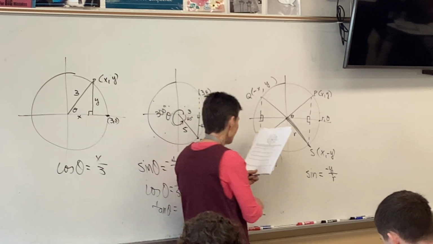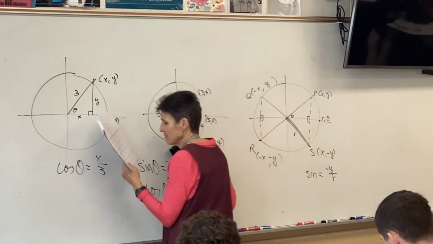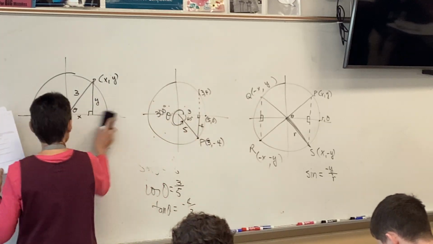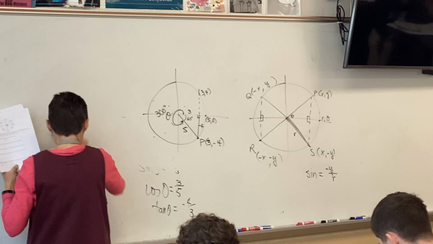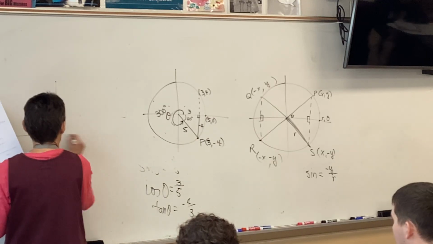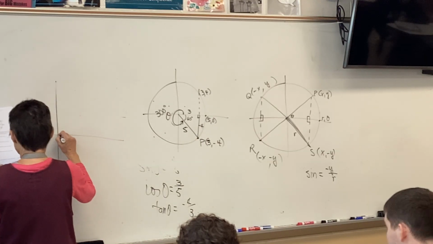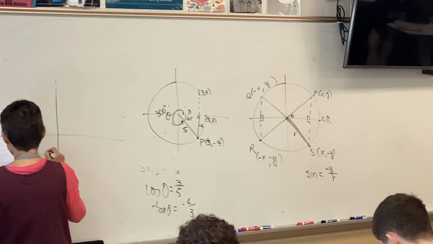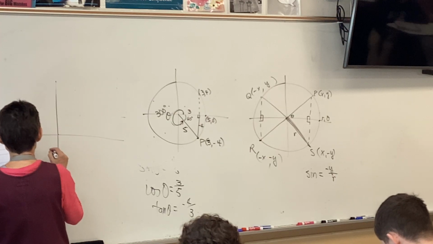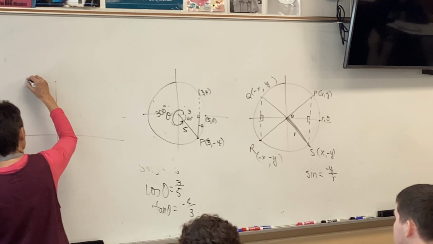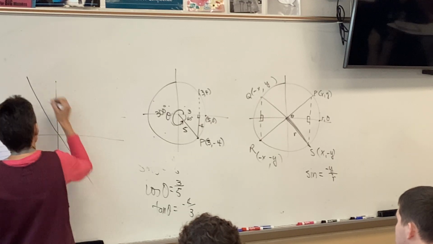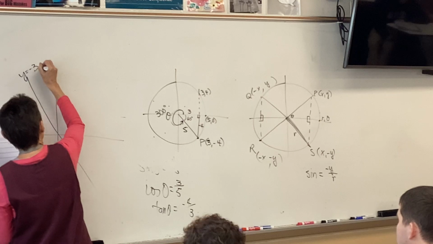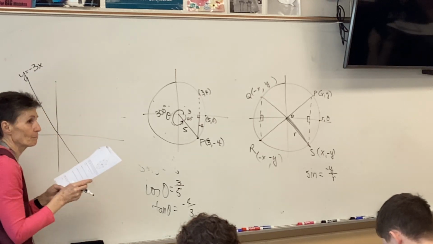Let theta, I'm looking at 7 now, let theta be an angle in standard position whose terminal ray corresponds with the line y equals negative 3x in quadrant 2. So here's the line y equals negative 3x.